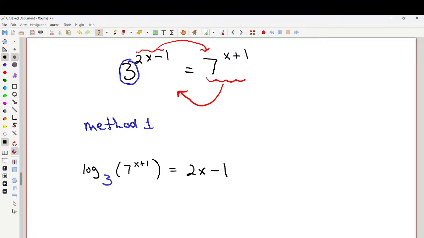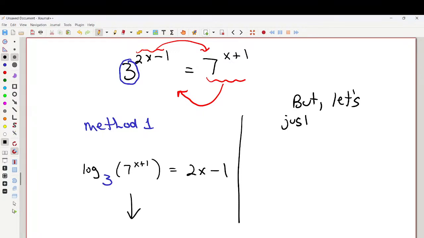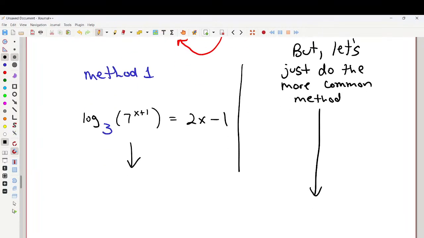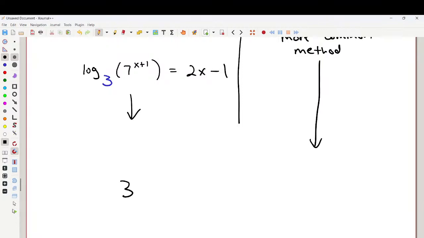So there is a way out, but let's just do what everyone else does. Let's conform. So 3 to the 2x minus 1 equals 7 to the x plus 1.